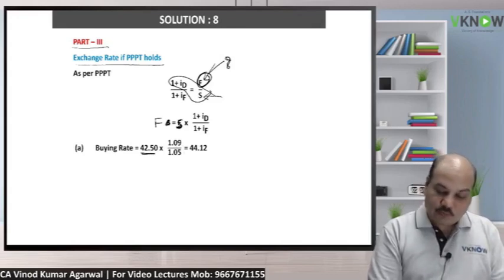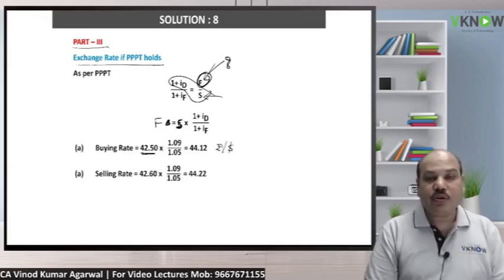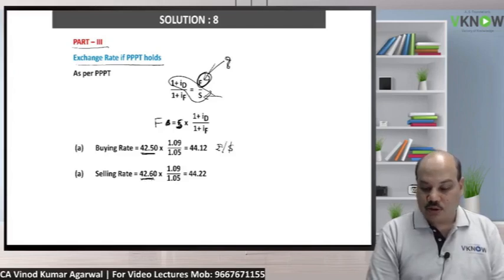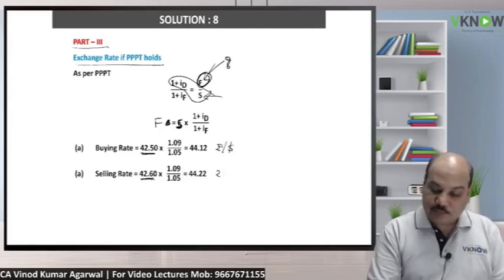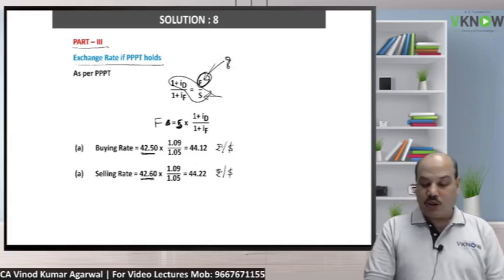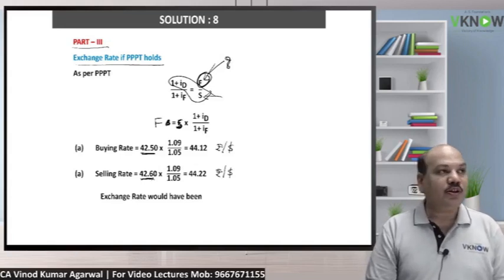So that is 44.12 rupees per dollar. And selling rate, similarly find selling rate. In the question you are given exchange rate 1 year ago, 42.60 into 1.09 divided by 1.05. Check the answer, 44.22 rupees per dollar.